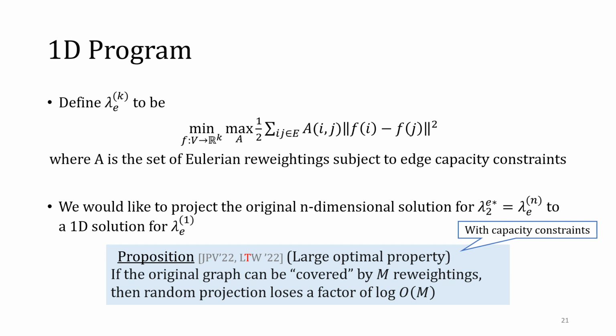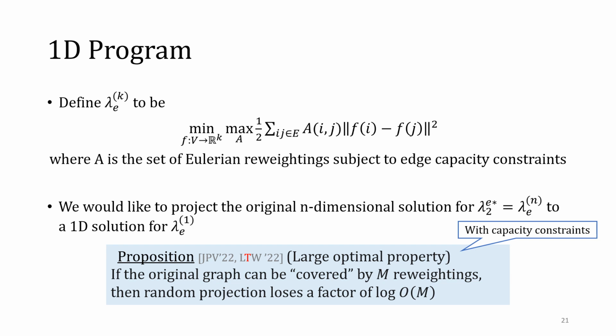After writing the lambda 2 E star program in this form, what we're going to do next is to project the high dimensional embedding to a one-dimensional embedding. To capture the dimensionality of the embedding, we define lambda e of k to be basically the same min-max program, subject to the same set of constraints on A and on F, except that now F will be a k-dimensional embedding.